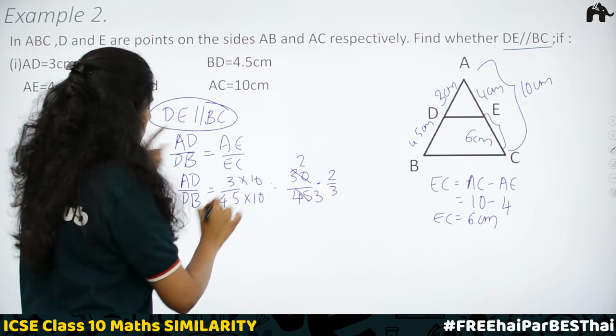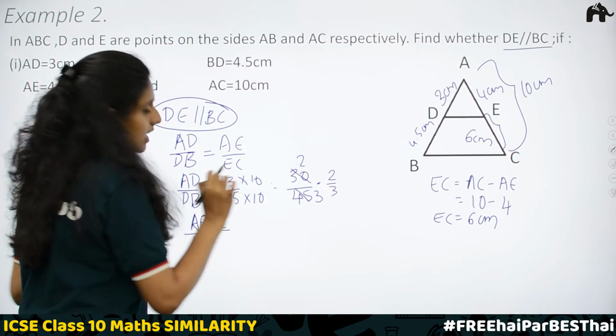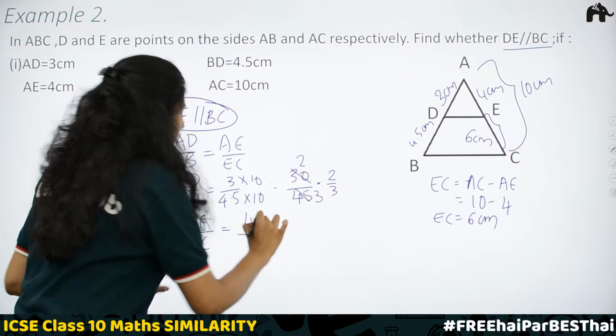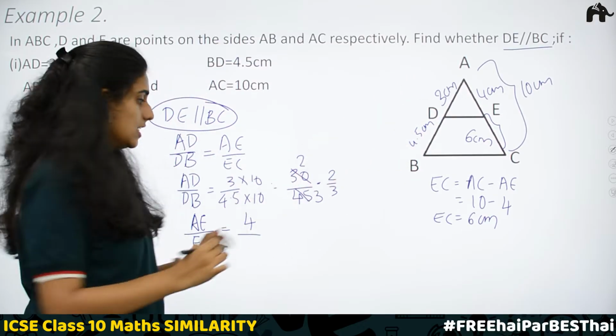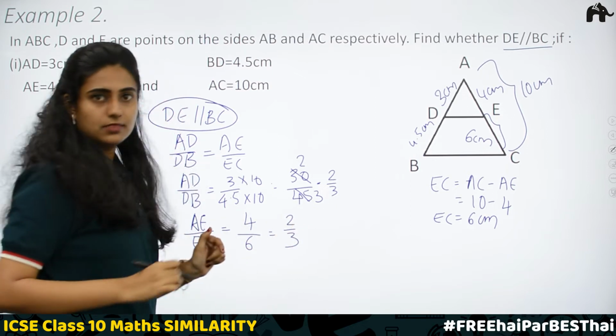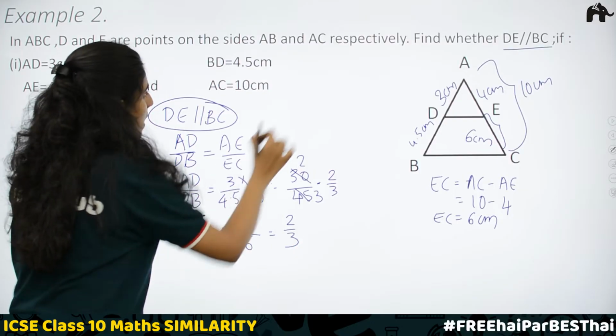Okay. Now, the second, AE by EC. AE we have 4 and EC we have found, which is 6. 4 by 6. That is equal to 2 by 3.